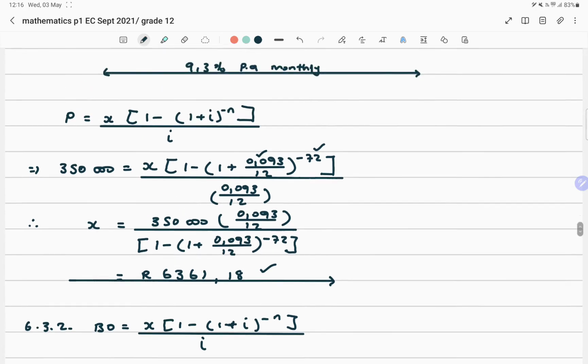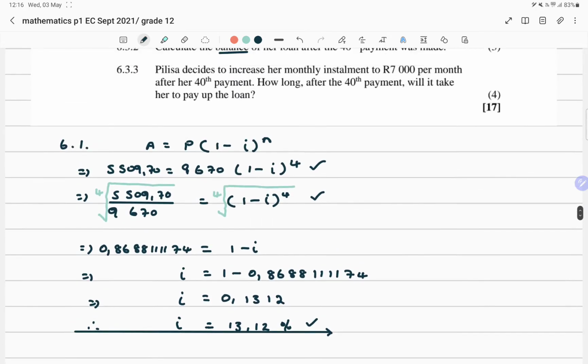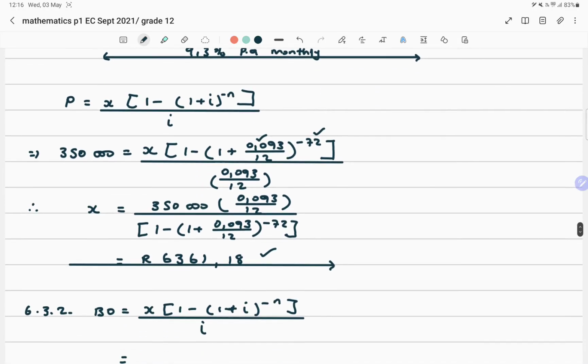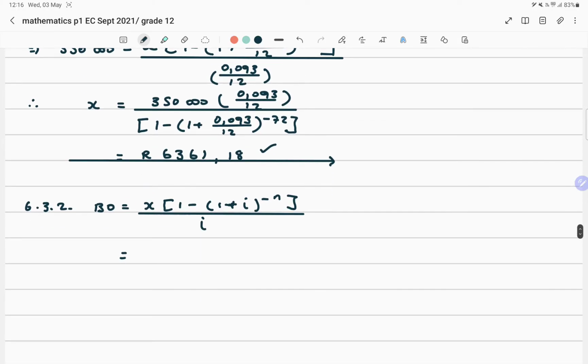So remember, we are still paying that same monthly installment. So we're going to put x as that amount. So this is 6361,18 into 1 minus 1 plus 0,093 over 12 to the minus. Now the question is, what is n? Now n is the difference.